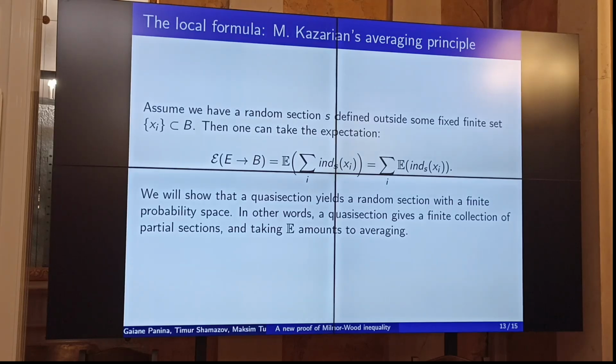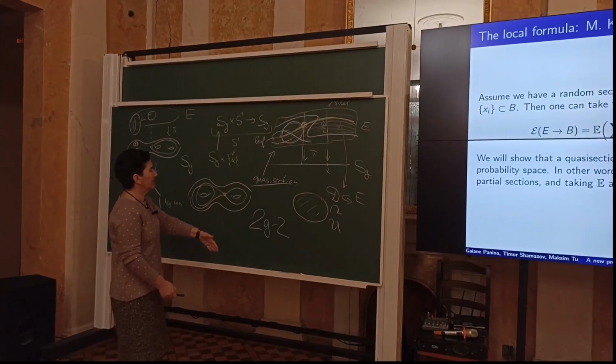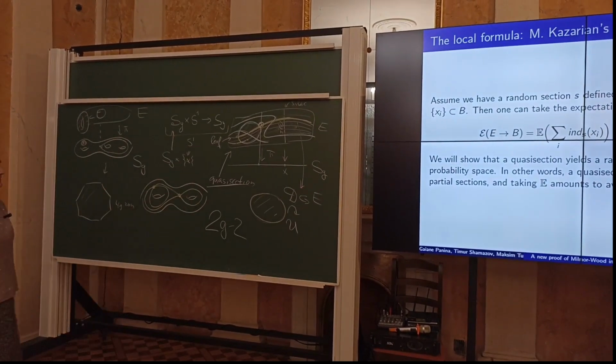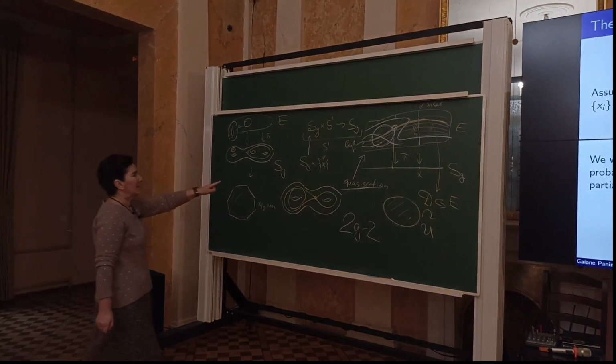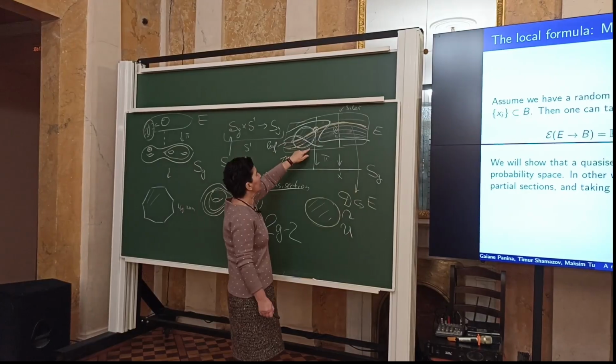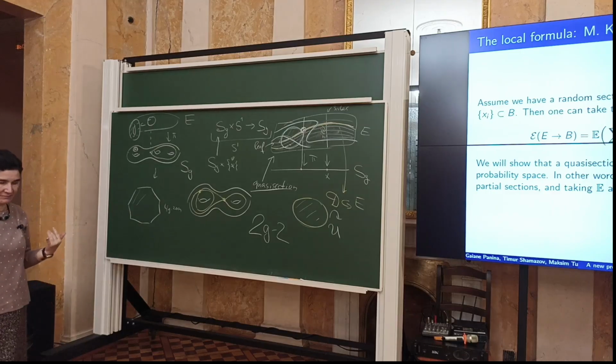And now the idea is the following. Assume that we have a quasi-section, which is not a section in any sense. It is also not a partial section. Okay, but it gives a way to construct a random partial section.